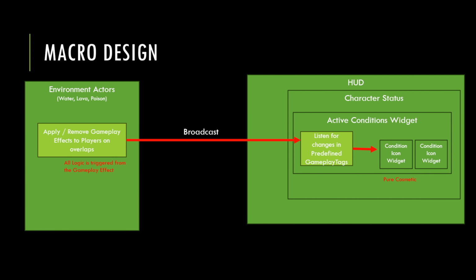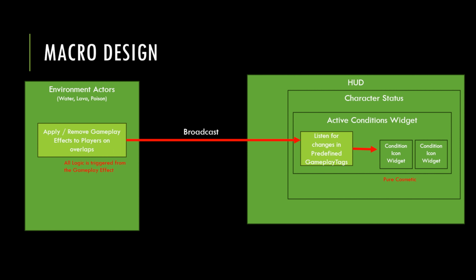And the way we're accomplishing that is we've hooked into a broadcast node inside the Lyra ability system component that will broadcast changes to tags. And it is the tag that is the important part of the system. When the tag changes, we pick that up in our HUD and we're able to process it.